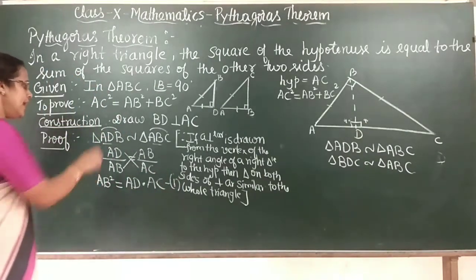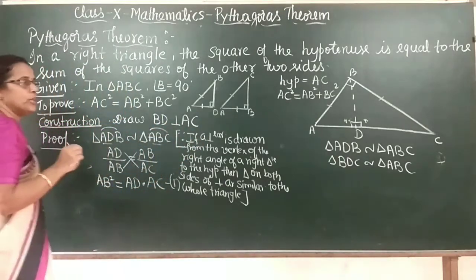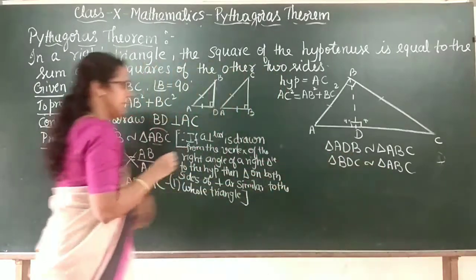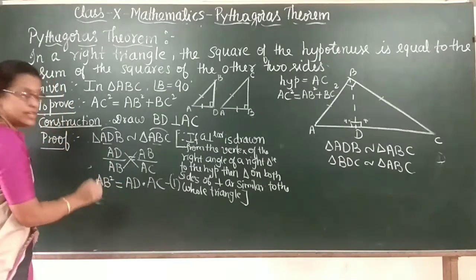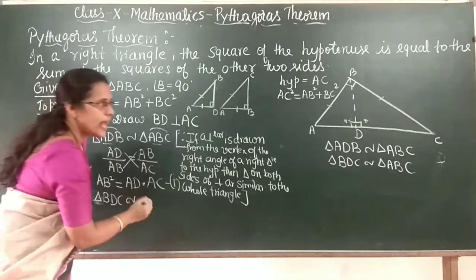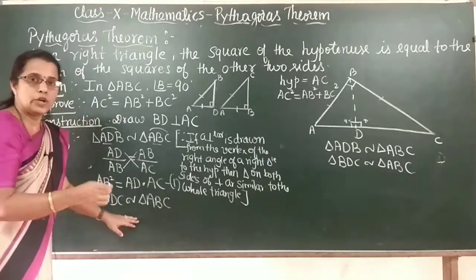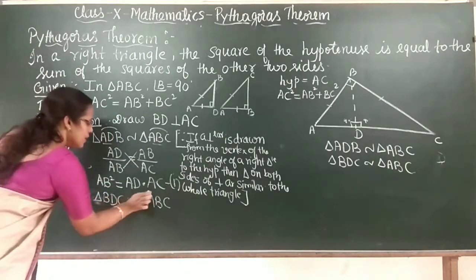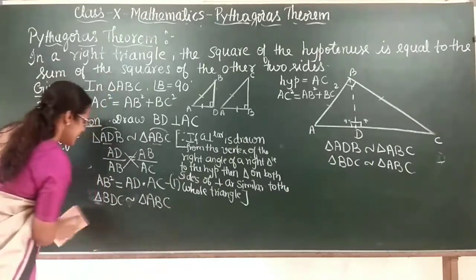Is it okay? Thereafter, another triangle is there, which we know is similar already. Triangle BDC and triangle ABC. They are similar. So triangle BDC is similar to triangle ABC. This I already know through the previous theorem. Yes, children. So then what are their corresponding sides?